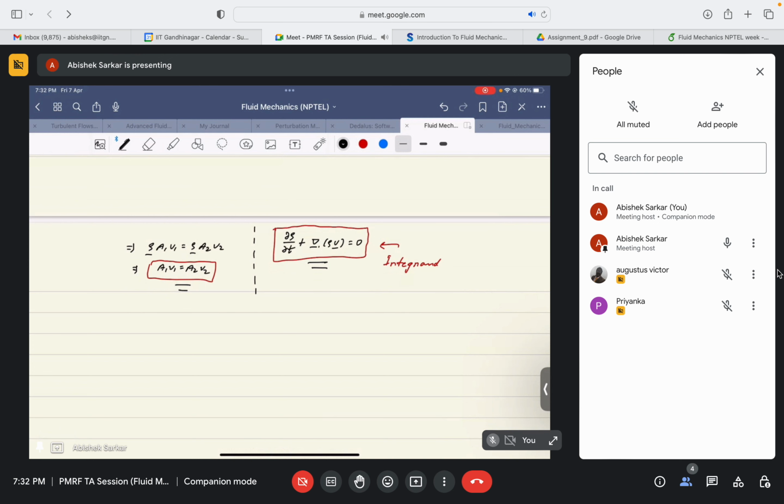So what are they? Could you please tell, if you recall? Mass, momentum, and energy. Okay. Momentum, is it only linear momentum or angular momentum as well? Both. Okay, thank you.